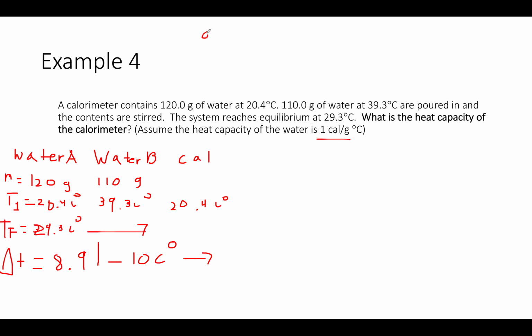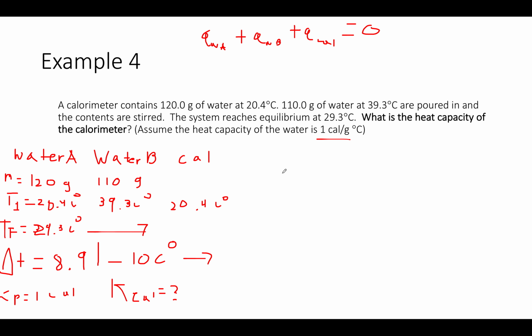So we know that the heat of water A plus the heat of water B plus the heat of the calorimeter equals 0. We know that the specific heat of our waters are both 1 calorie, but we're solving for the specific heat capacity of the calorimeter, the Kcal, which we don't know.